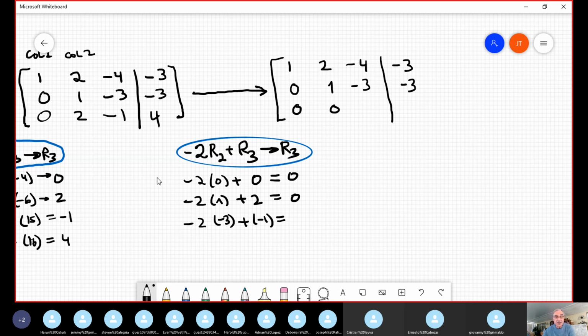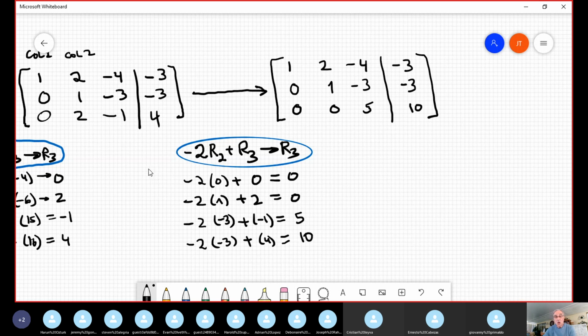This is 5, because this is 6 minus 1, and 5. And now the last one is -2 times -3 again, because it's a coincidence. It's negative 3. Okay. Plus 4, because it's 6 plus 4 is 10. This is 10.